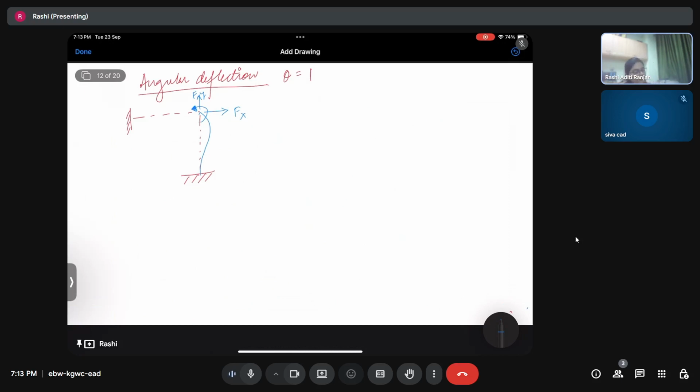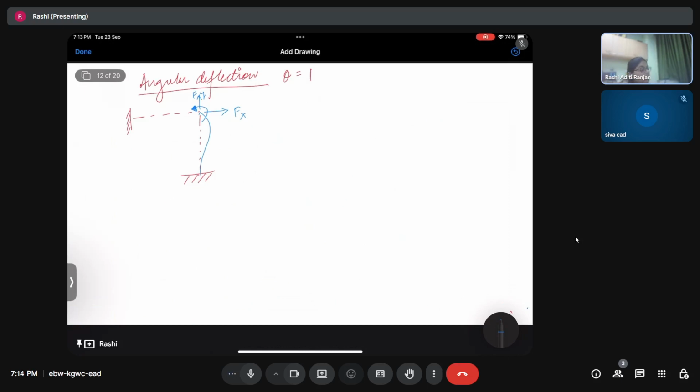Now, if we look into the second part, we do not have a deflection over here, but there is this angular movement. The second one can also have angular movement, because theta is 1, angular movement at B. Because of that, the first part is also going to have some contribution.